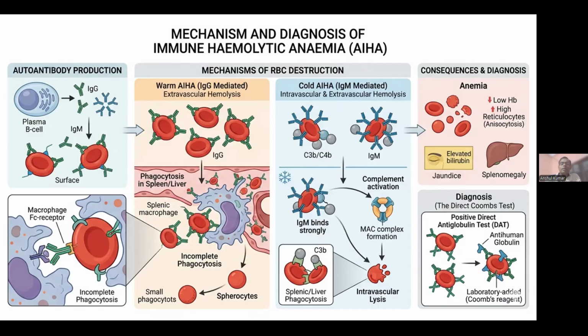As more destruction of red blood cells takes place, more bilirubin is formed, and excess bilirubin formation causes the condition called jaundice, and it may lead to damage to the liver cells also.